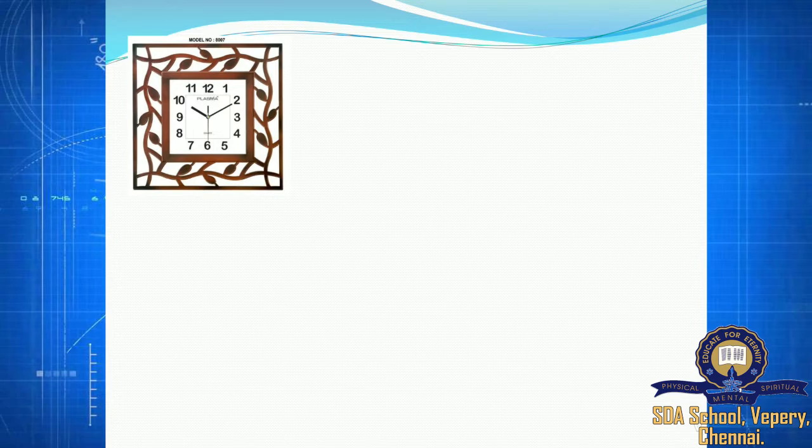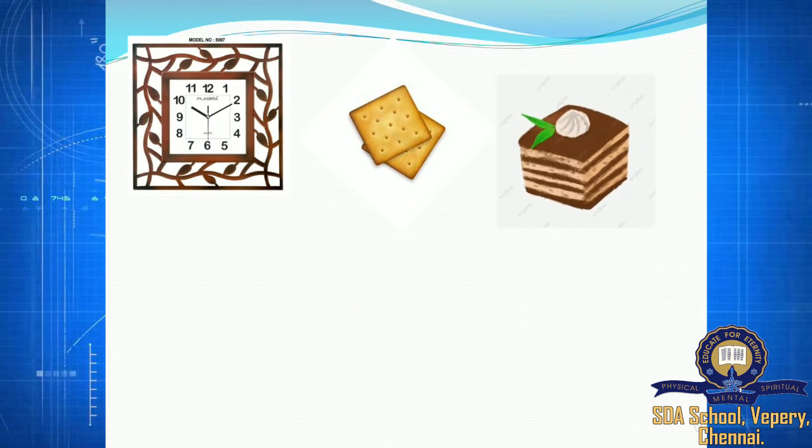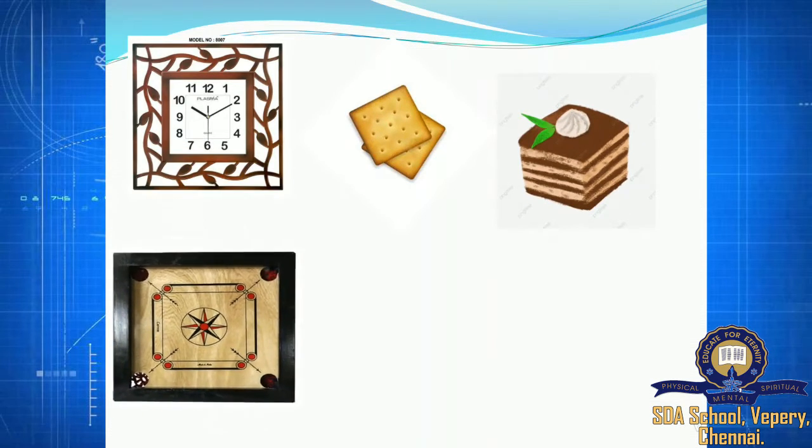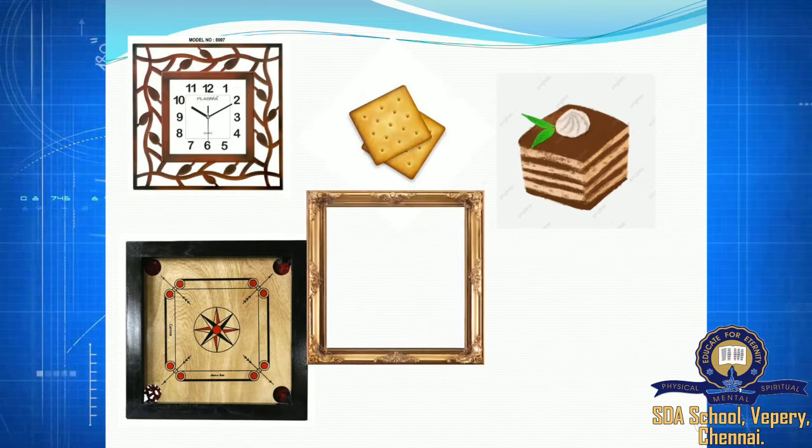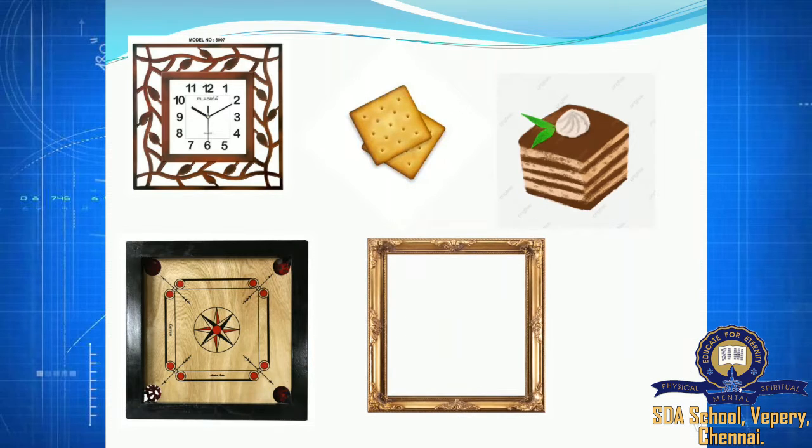Examples: a wall clock, biscuits, a piece of cake, a carom board, and a photo frame. I have given you very few examples, but in your home you can search for more objects. Discuss this with your parents.